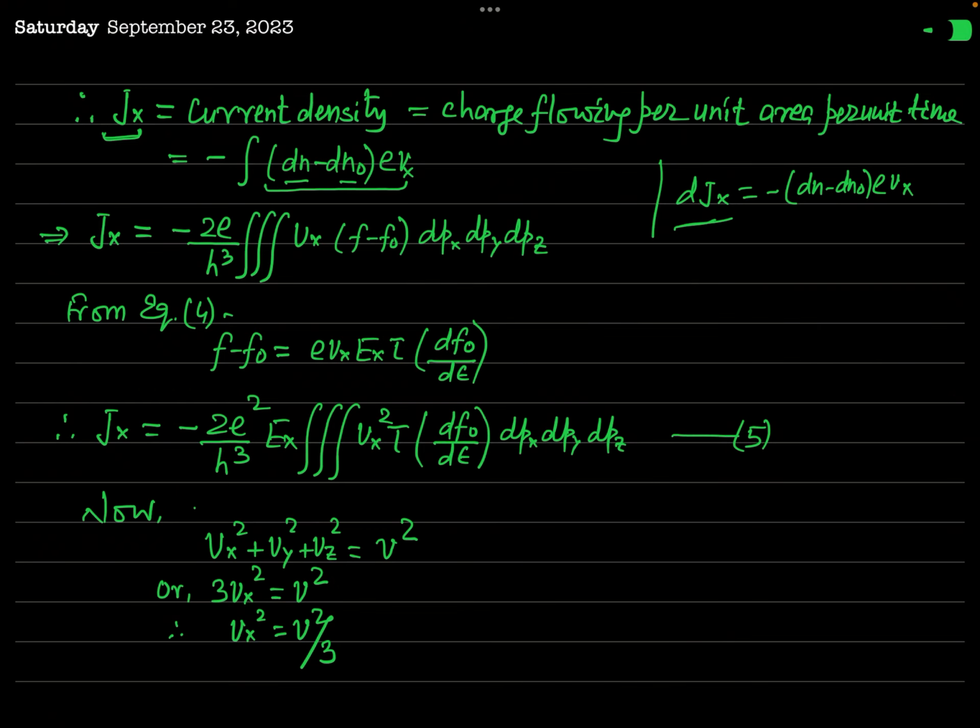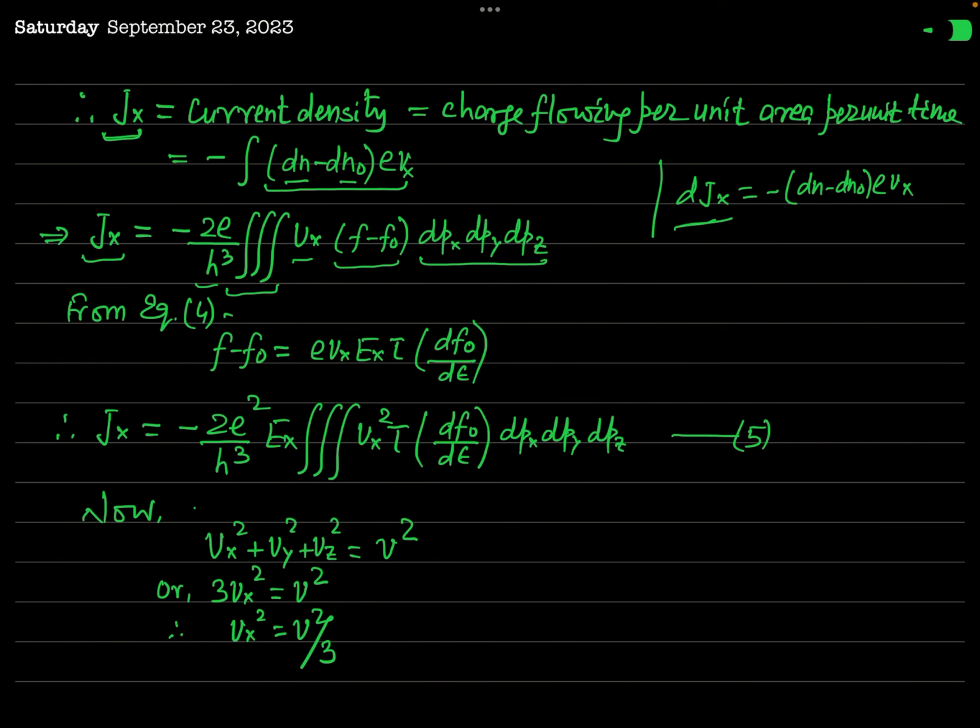So now there are three variables px, py, pz, so I have used the symbol of the triple integral. After substituting the values of dn and dn0, you can write Jx equal to minus 2e over h cube triple integral Vx times f minus f naught dpx, dpy, dpz.